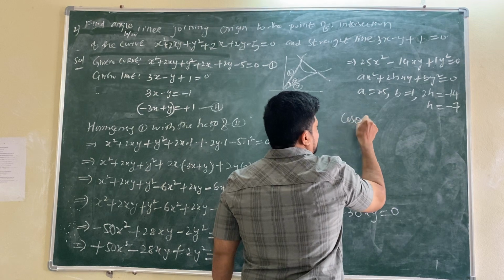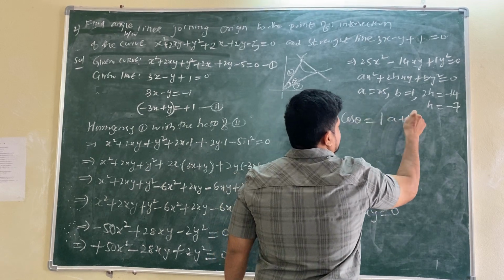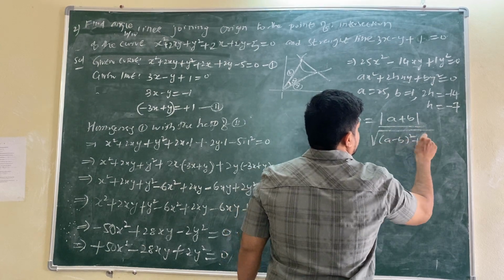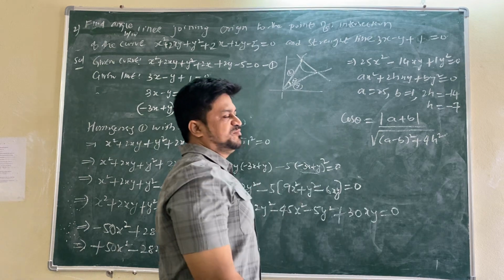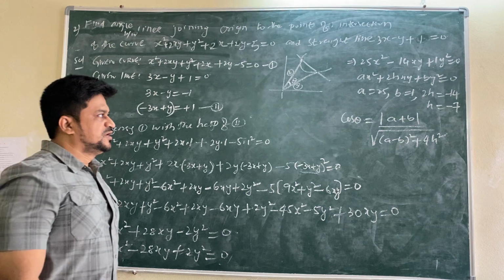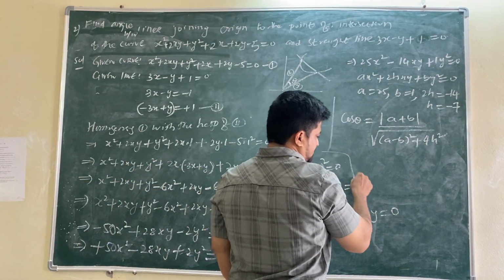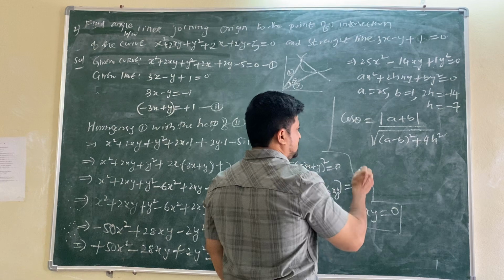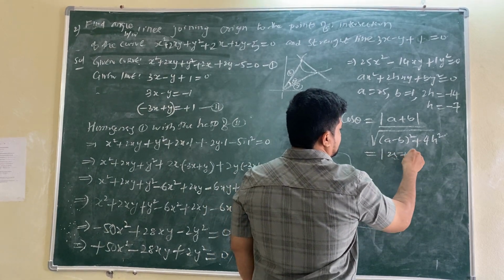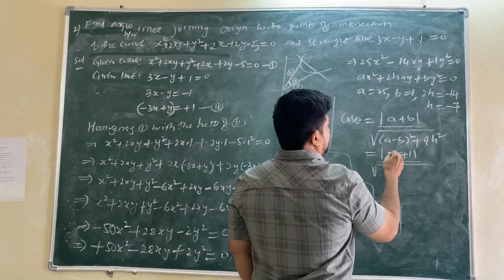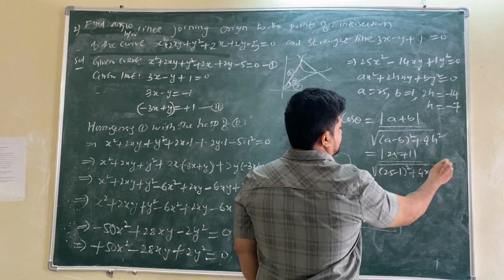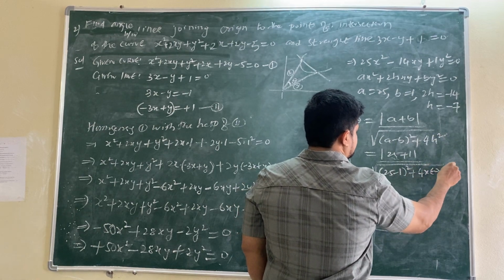Now the cos theta formula: modulus of a plus b divided by root over a minus b whole square plus 4h square. Now cos theta equals a plus b, 25 plus 1, over root of a minus b whole square plus 4 into h square, minus 7 whole square.